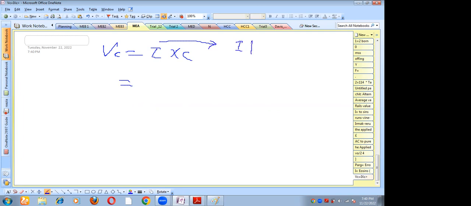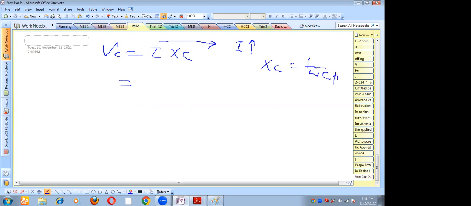Current is increasing, we have seen that. And what is XC? XC was 1 by omega C. So C was increasing, so XC was decreasing. So here current increases and this decreases.